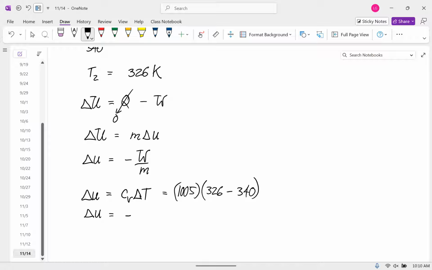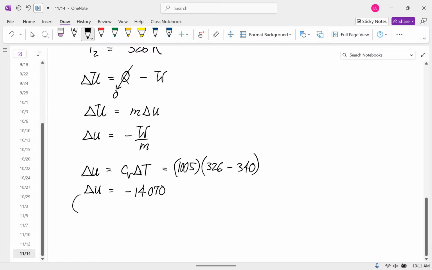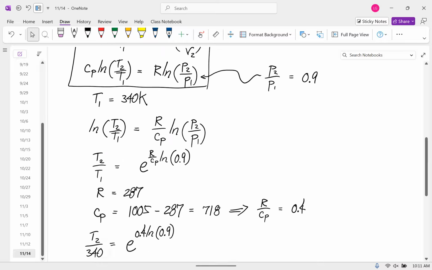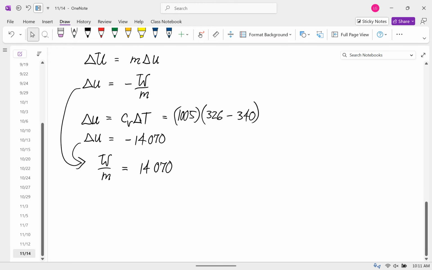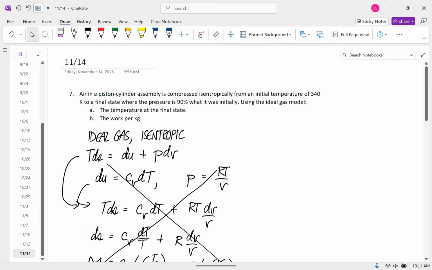So you get negative 14,070, and so the work per mass is 14,070. And that would be joules per kilogram. Let's see if this makes sense with what we expect.